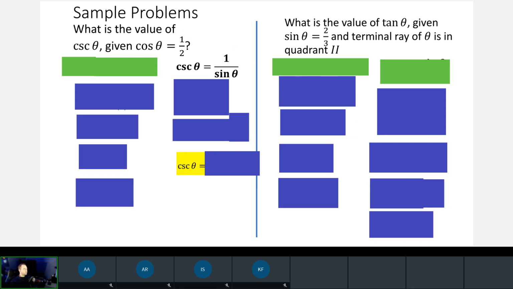The reason we want to use this one is that we're trying to find the formula using sine, but the other trig functions in that identity should be limited, preferably, to what we already have, which is cosine.